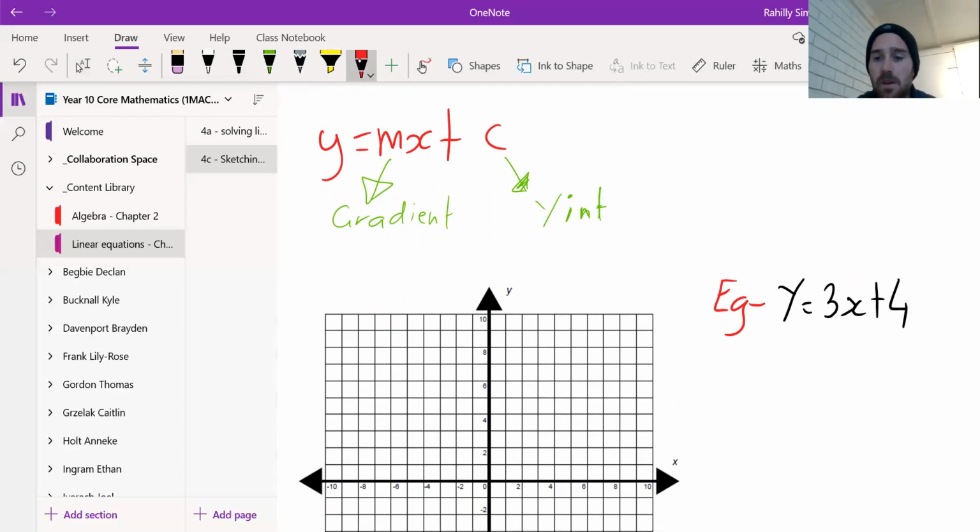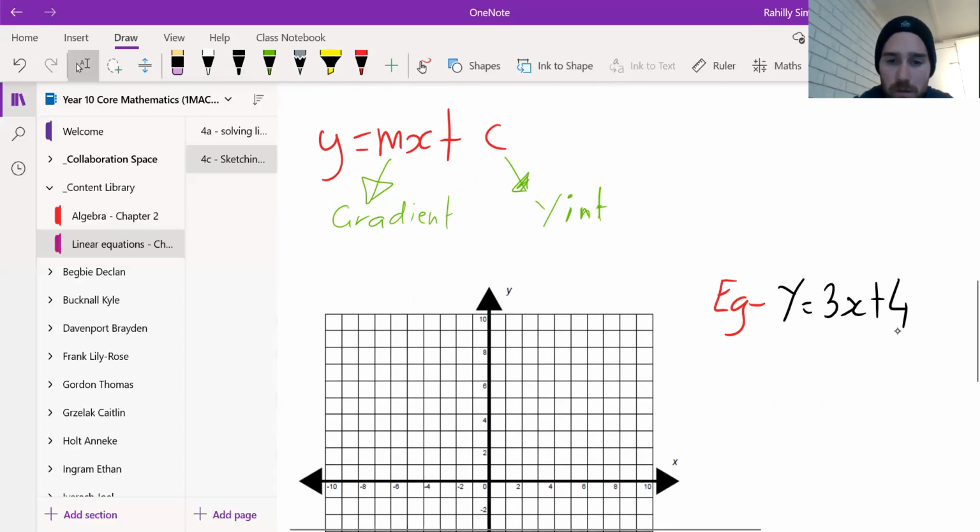Our plus 4 is our y-intercept, so I'll go to plus 4 here, 1, 2, 3. That's my y-intercept. My gradient is 3. So if we did that in our rise over our run, that would be 9 over 3, because that becomes equals 3.